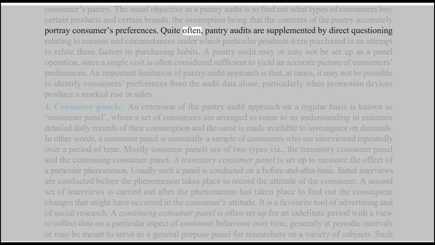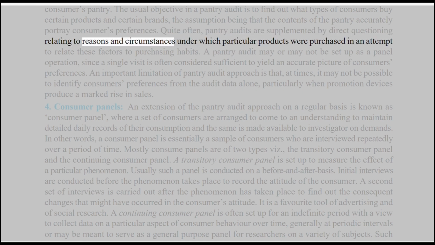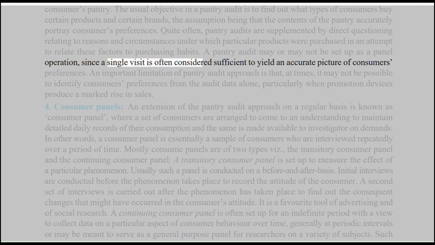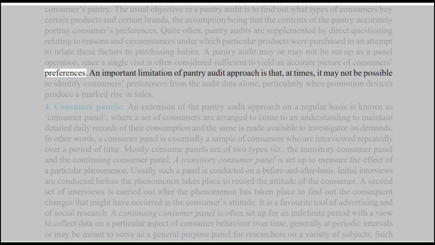Quite often, pantry audits are supplemented by direct questioning relating to reasons and circumstances under which particular products were purchased in an attempt to relate these factors to purchasing habits. A pantry audit may or may not be set up as a panel operation, since a single visit is often considered sufficient to yield an accurate picture of consumers' preferences.